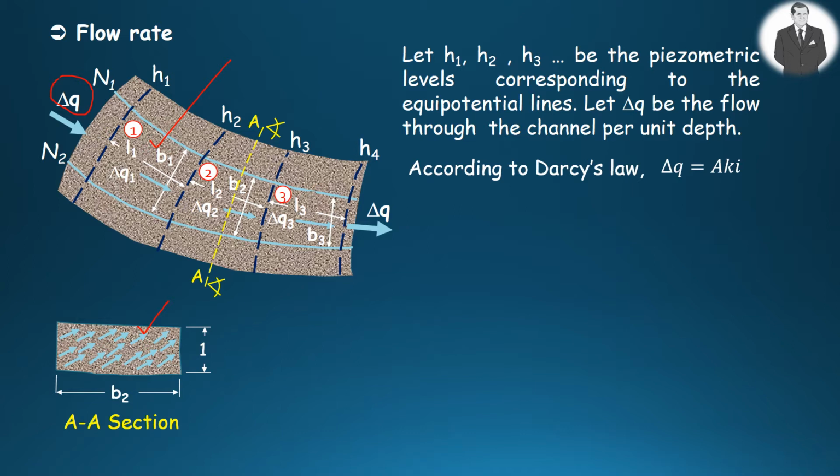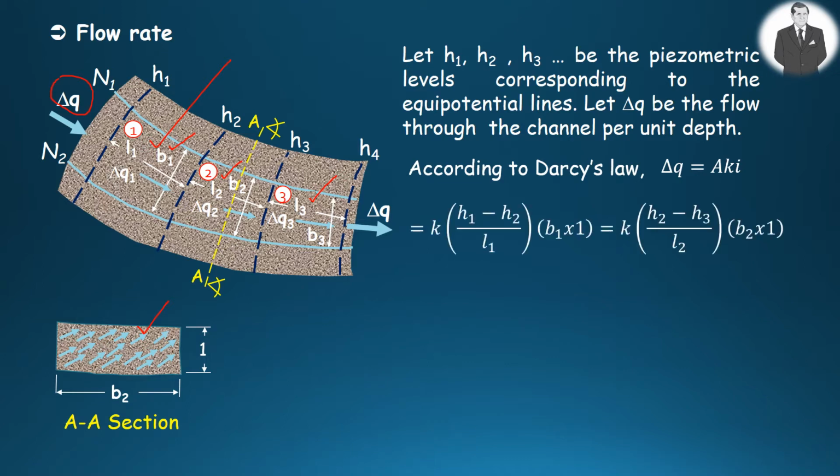Now, referring to the figure, delta Q, which is the flow rate, will be the same for each element defined by flow and equipotential lines. With this approach, we get equation 1.